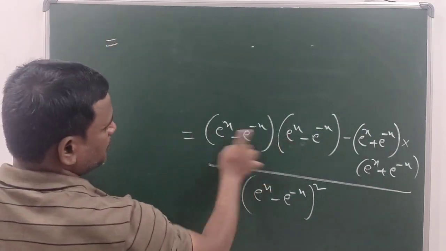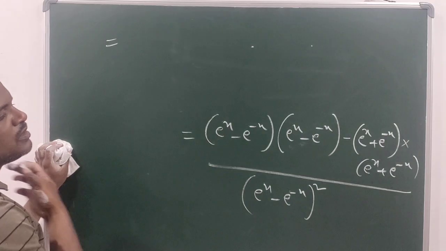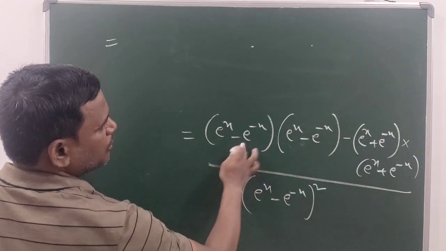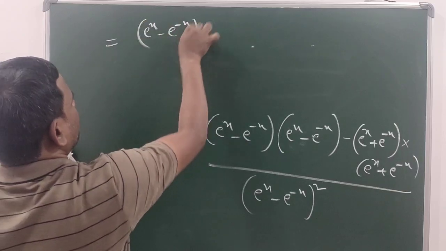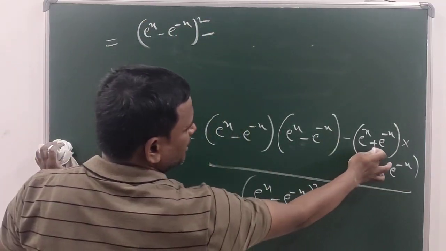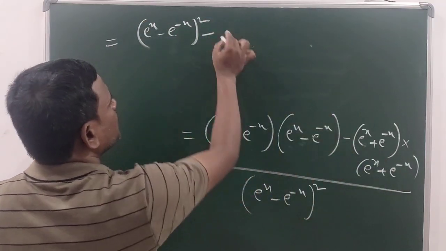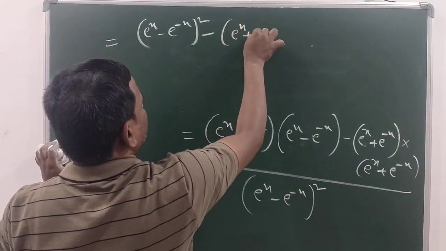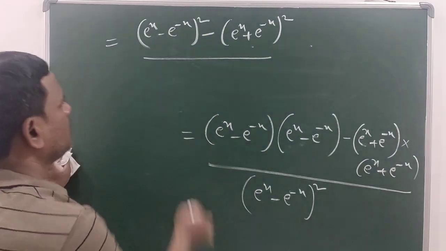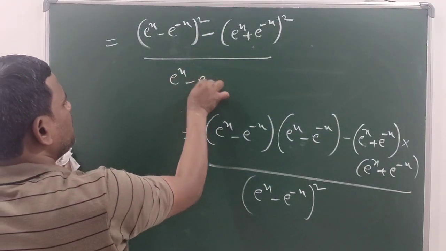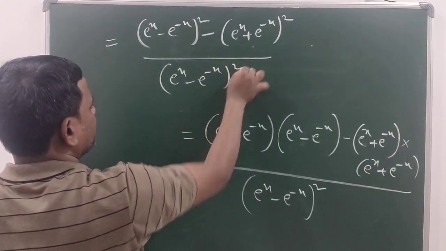See, take the product of these two. So here, what do you get here? e power x minus e power minus x whole square minus, here both are positive, no? So what do you get here? e power x plus e power minus x whole square, whole by e power x minus e power minus x whole square.